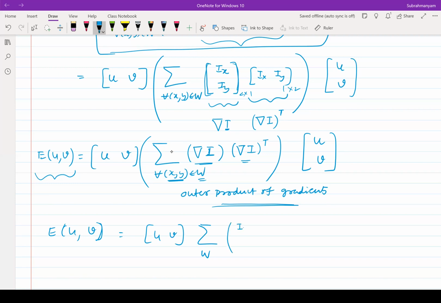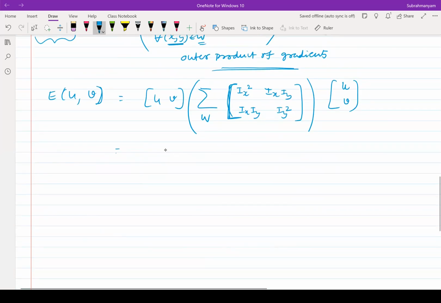Summation, for each x, y, of Ix square, Ix Iy, Ix Iy, Iy square. This is a matrix, so let me put a square bracket there. Then I have here u and v, similar to what I have written before. Then I could have written this as the sum of Ix square over the window.